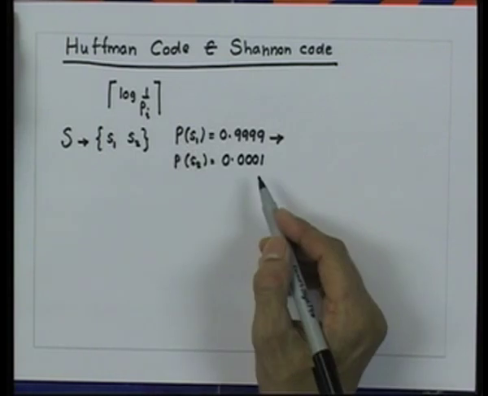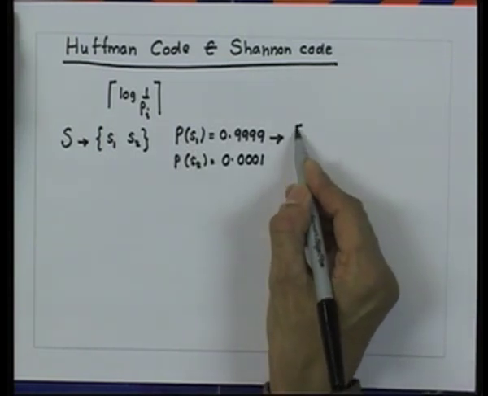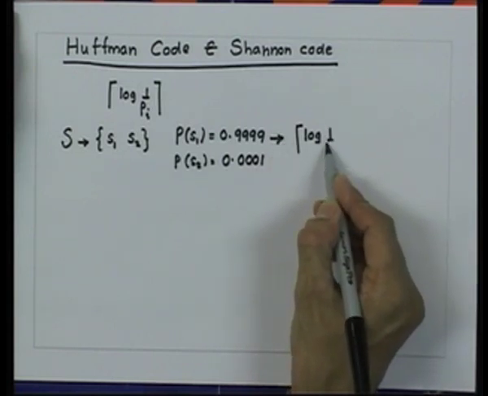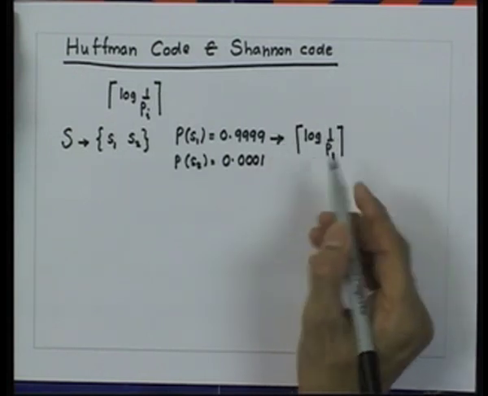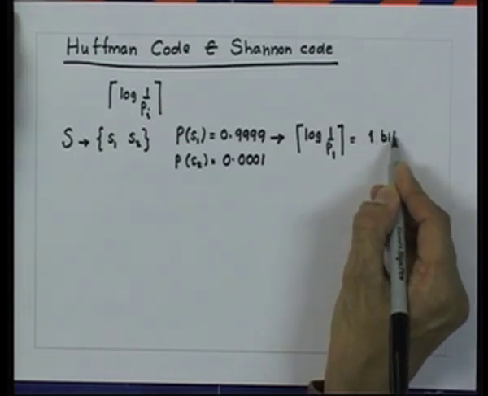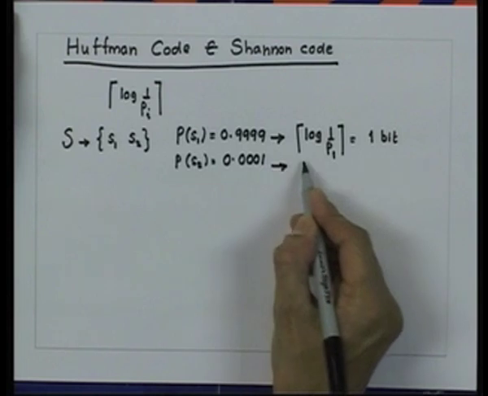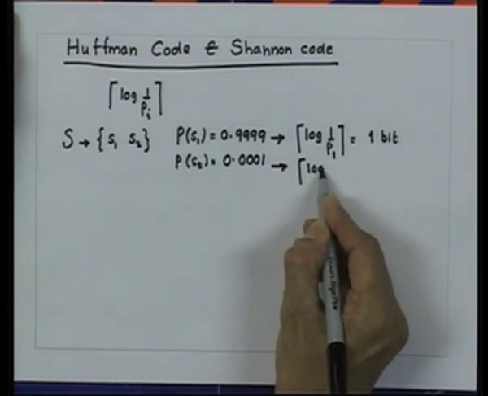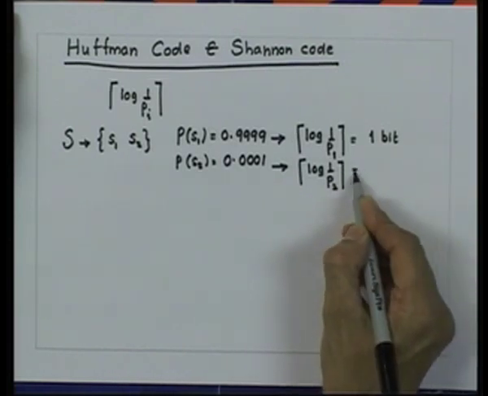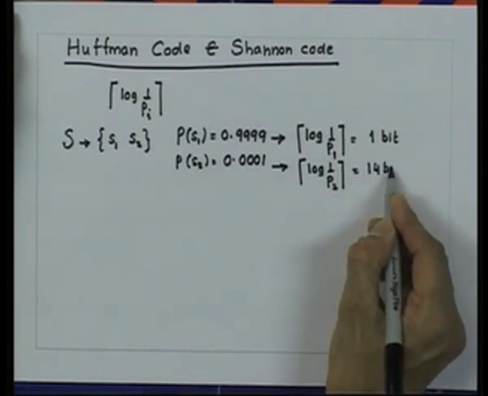Now, if we use the Shannon coding strategy, then we can calculate the number of bits which we should allot to the source symbol S1 as upper floor of log of 1 by P1, and that will come out to be 1 bit. And for S2, the upper floor of log of 1 by P2 will be equal to 14 bits.